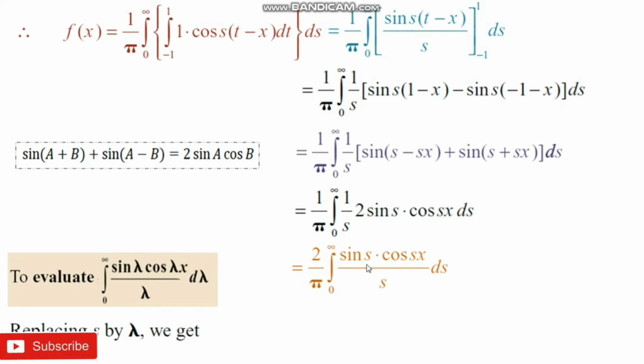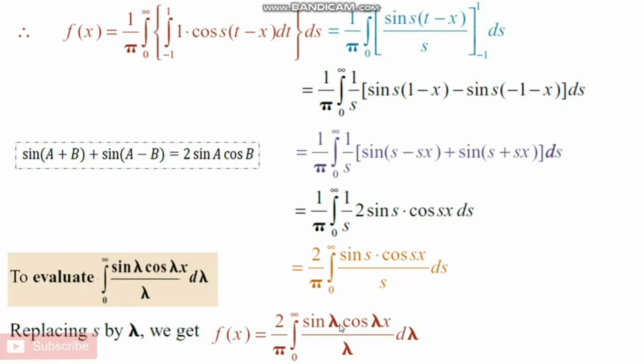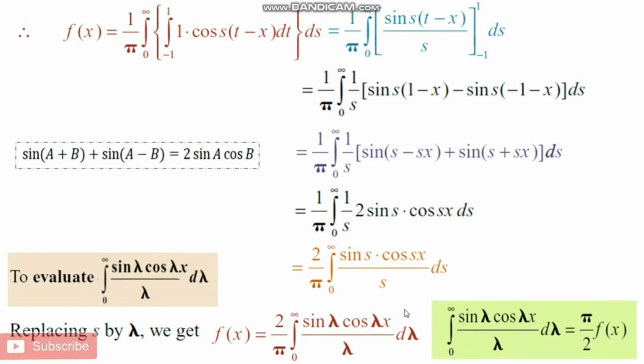Replacing s with lambda, we get f of x equals 2 by pi integral 0 to infinity sin lambda cosine lambda x by lambda d lambda. Therefore, this integral equals pi by 2 times f of x. Hence, the result of this integral is only pi by 2 times f of x.